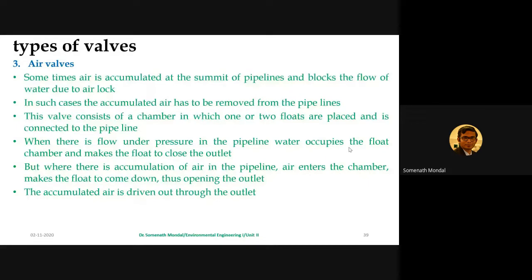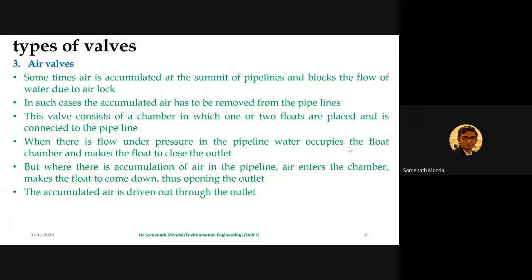In such cases, the accumulated air has to be removed from the pipelines, and this is done automatically by means of an air relief valve. Any type of air valves are automatic, so we need not have any extra manpower to operate them. They operate by themselves, and that is why we call them automatic valves.